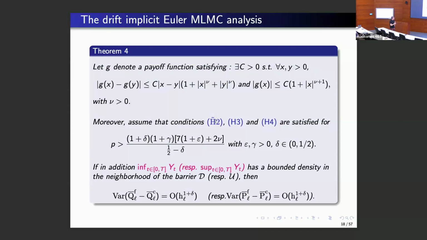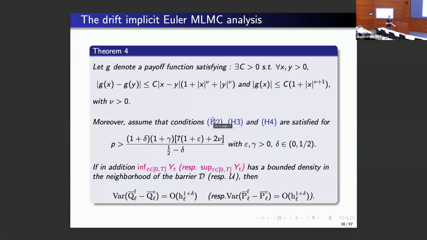It says the following. Assume that your payoff function G satisfies a kind of locally Lipschitz condition, and it has polynomial growth. If that is the case, and if your assumptions H tilde 2, H3, and H4 are satisfied for some P, and this P has this lower bound here for some delta between 0 and 1/2, okay, this is the first step.